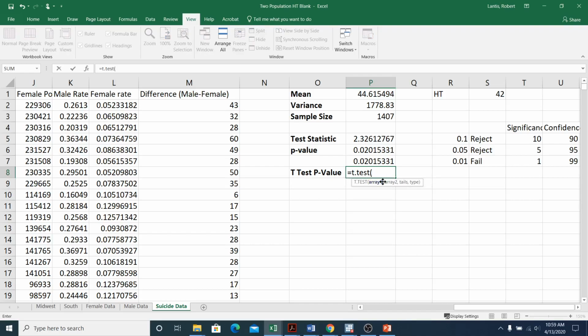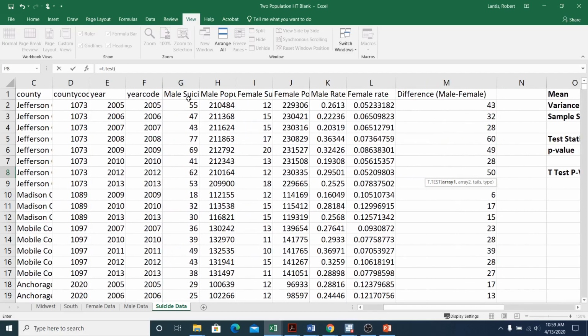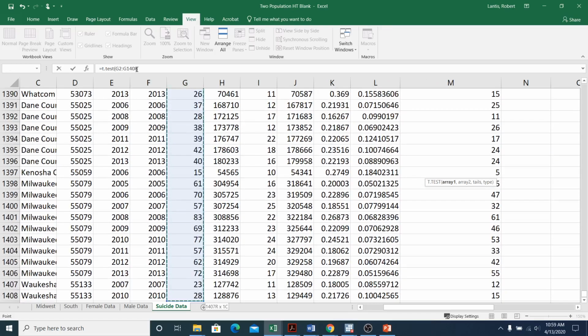Before, we selected the two variables we wanted to find the mean of. When we're doing a matched pair example, we select the two variables that we want to find the difference between, the average difference. So male and female suicides here. The very first column is male suicide, so we'll select that row of data.